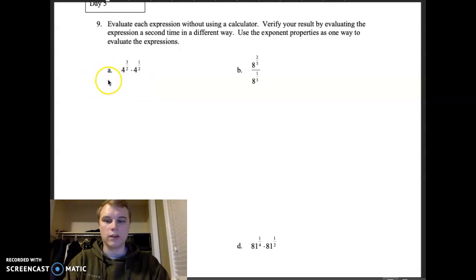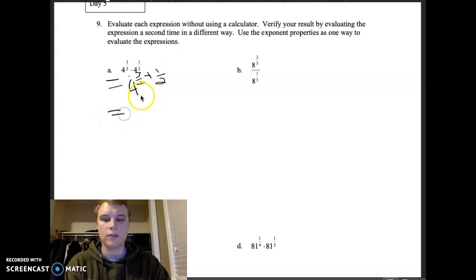So I'm going to write that this equals 4 to the 3 halves, that's supposed to be a 2, plus 1 half. All right. So our exponents are adding, our base stays the same.